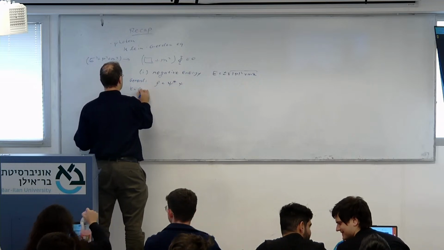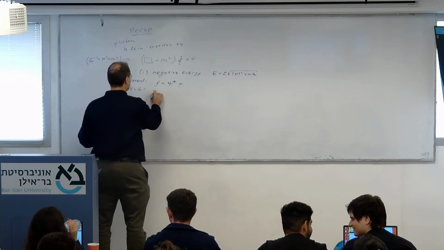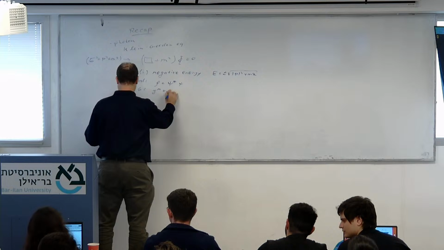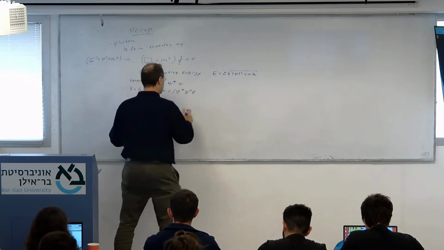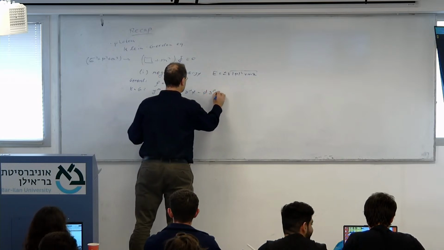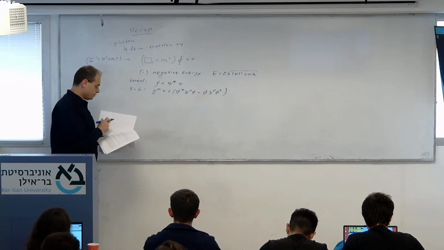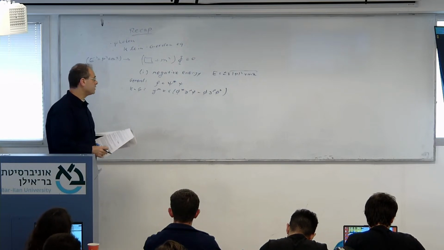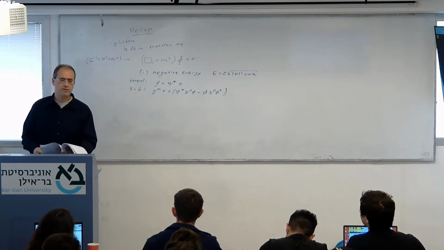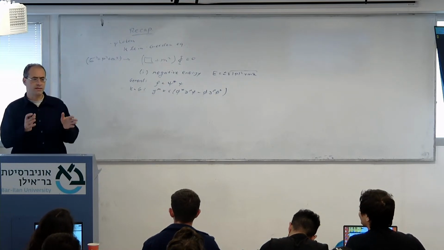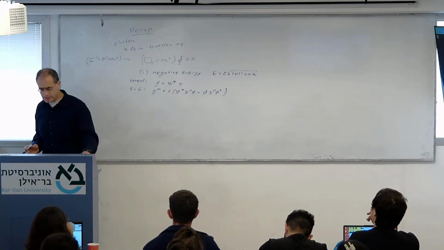So for Klein-Gordon, we had that J mu was i phi star d mu phi minus phi d mu phi star, which gave rise to negative probabilities. This is something which we don't really know what to do, because we don't understand the meaning of a particle that has a negative probability of existing somewhere in space. This really doesn't make sense.